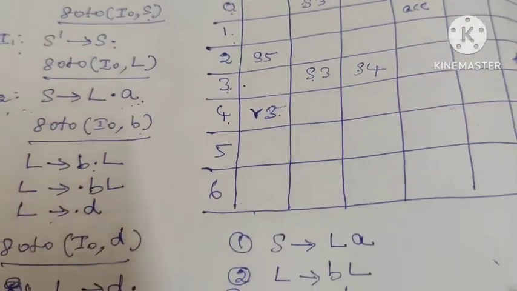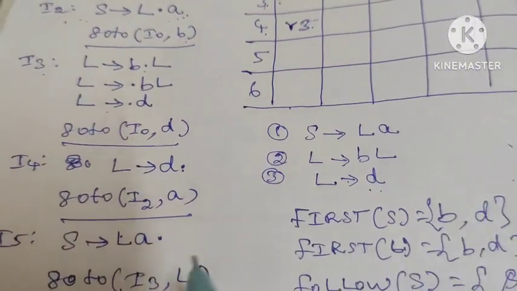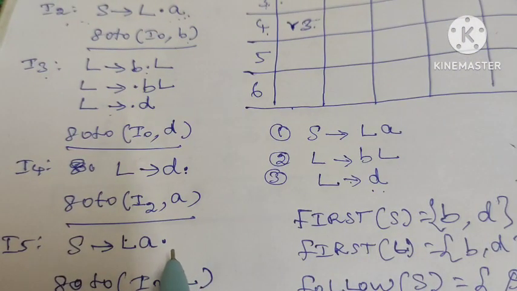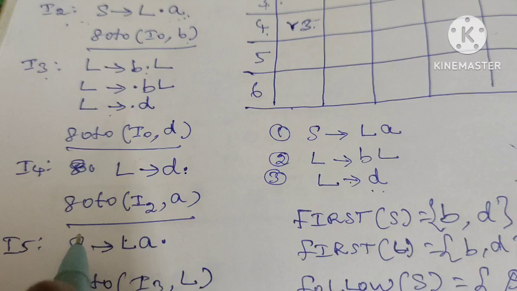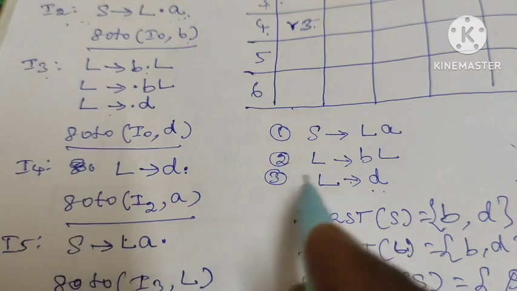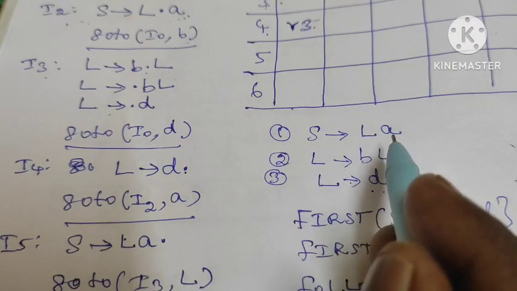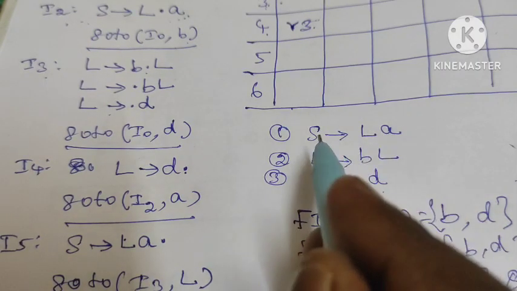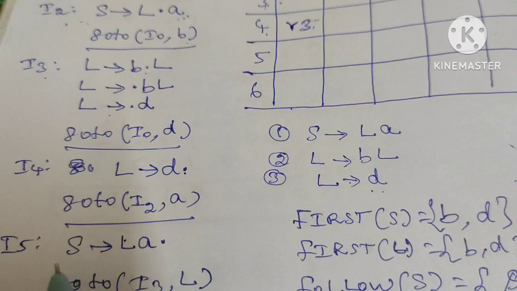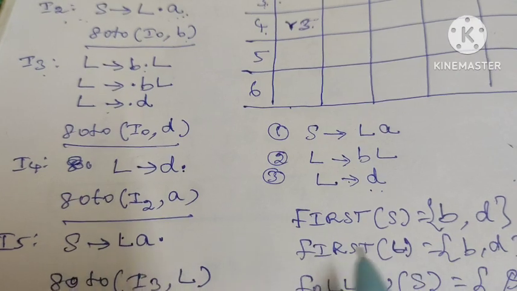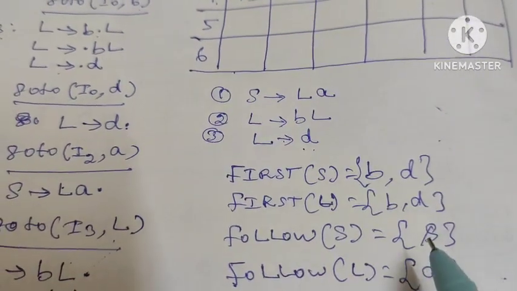In I5 we have S tends to LA dot, where dot is at the end. Now you have to see what is the follow for S. S tends to LA dot comes from S tends to LA, isn't it? It comes from production number 1. So we have to see follow for S in item set 5. Follow for S is actually dollar.